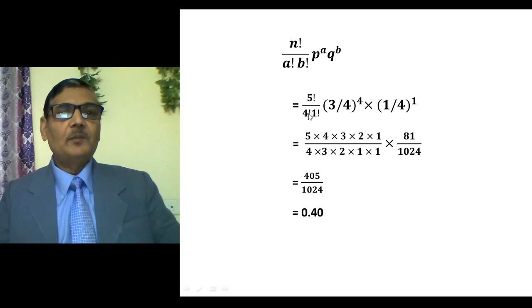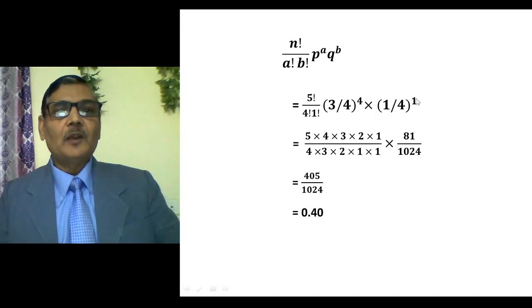A means how many plants are tall which are expected to be obtained in the next generation. So 4 factorial into 1 factorial, that is 4 tall and 1 short, being expected in the next generation. So this will be multiplied with 3 by 4 because occurrence of tall plants will be 3 by 4, its power 4, into 1 by 4, its power 1.